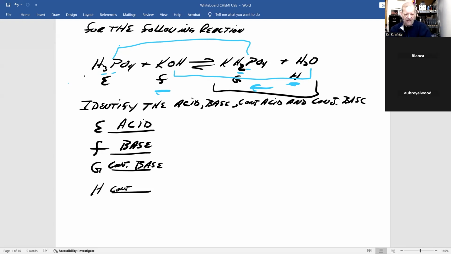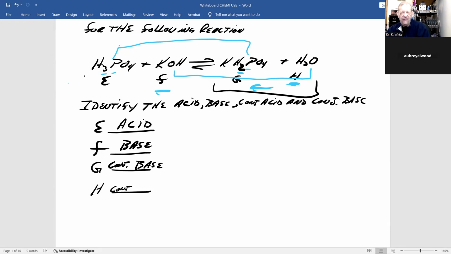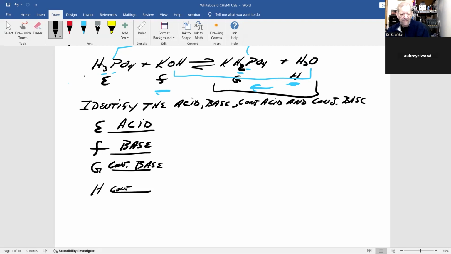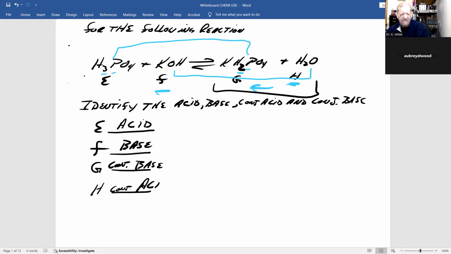What's a proton donor? An acid. Therefore, H, because it's on the right side, is a conjugate acid. And with that, I'm done.